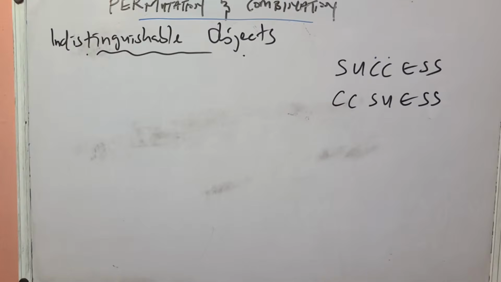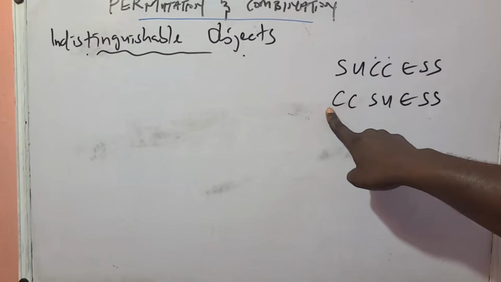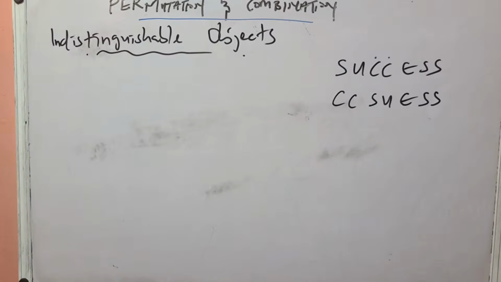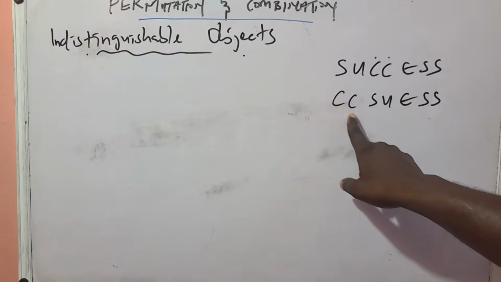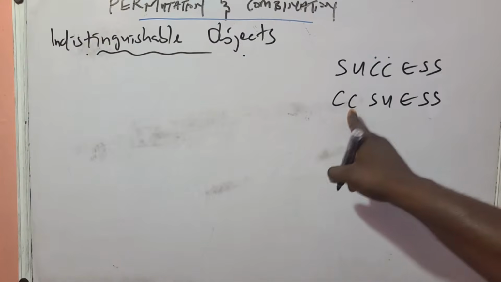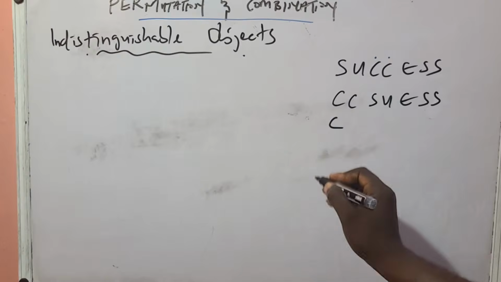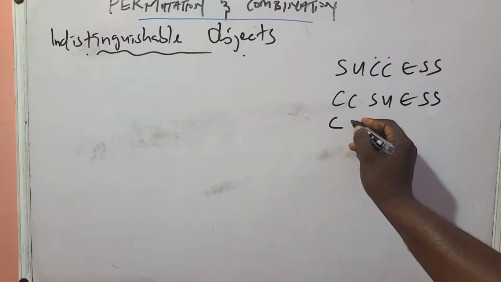Now, look at something going on here. Can we say this is another permutation? Look at something, please. This is the first C. This is the second C. Imagine I go on and I write, okay, this was the first C, this was the second C. I want to make this second C the first C now. And I'll say this C now is what I'm writing first. This second C is what I'm writing second.